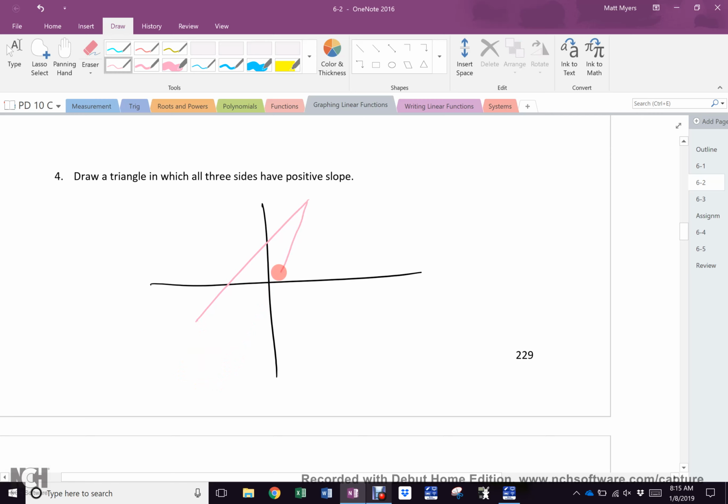So that's okay. What about that? Yeah. So everybody can do it, right? You just got to think about it. Everyone's okay? Everybody knows what positive slope looks like? Would I be allowed to make a right angle triangle? Oops, sorry, not that one. Would that be okay?